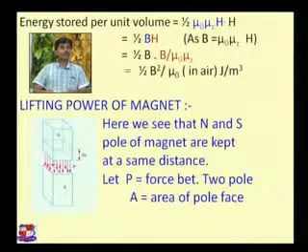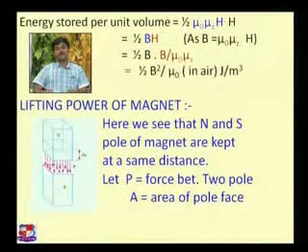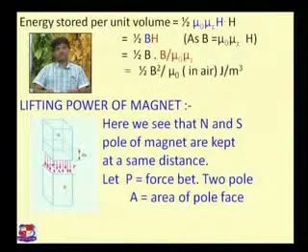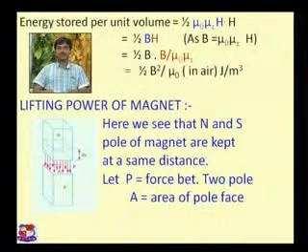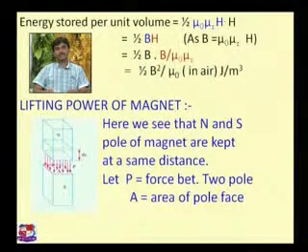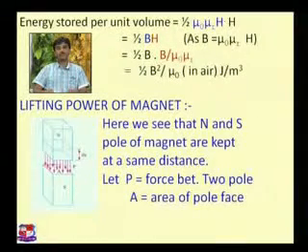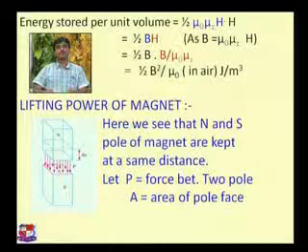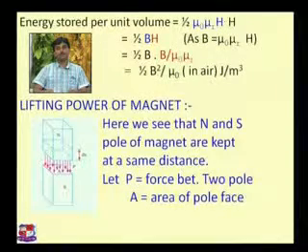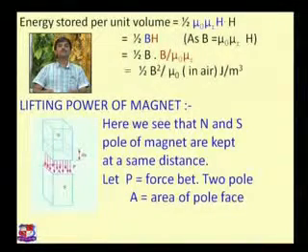We can see in the figure that two different magnets are kept a little away from each other. Now the N pole of one magnet and the S pole of the other magnet are near each other. Due to this, force of attraction is produced between those two poles of different magnets, because, as we know, there is a force of attraction produced due to the opposite pole.